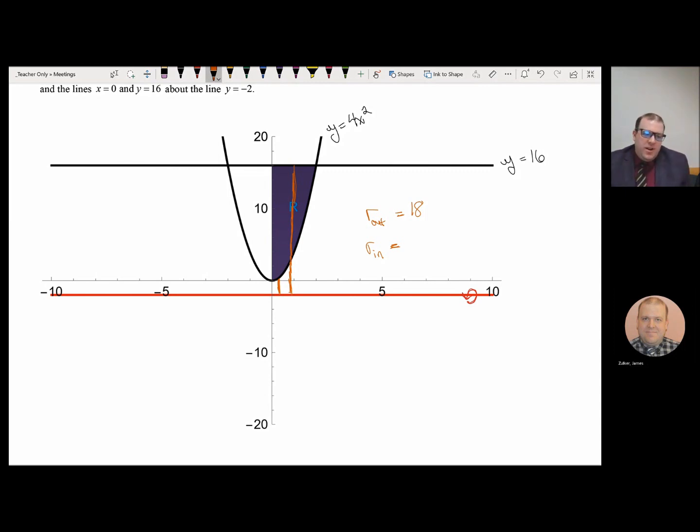Why are you writing it as a function of y? Oh, so it would just be 4x squared. It's not just 4x squared. 4x squared would be from the x-axis to the curve. Because remember, this is a horizontal axis of revolution, right? That means it's an x-axis, so we're doing it with respect to x.